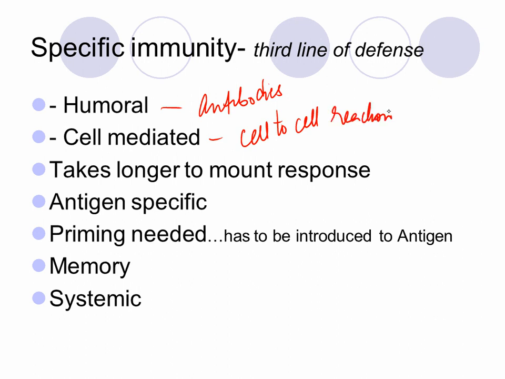It's like one cell latches onto the other and destroys it, much like the natural killer cells. Only we don't use the natural killer cells in specific immunity, and you'll see later why. Here it's the lymphocytes which take part in this specific immunity. You have B and T lymphocytes.